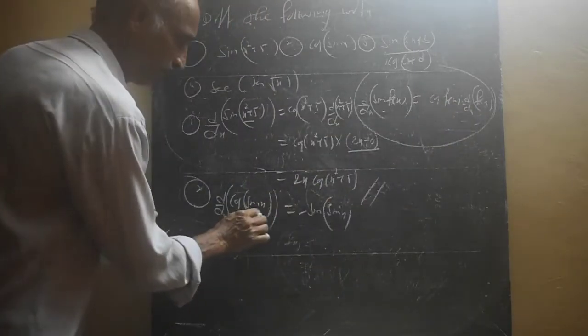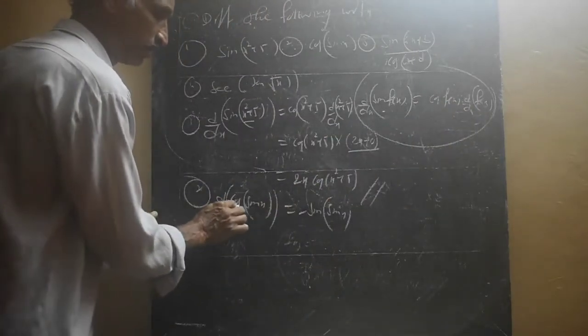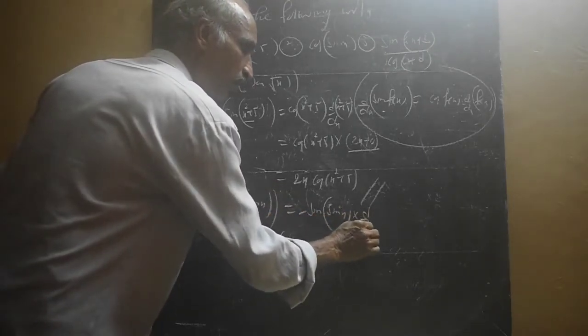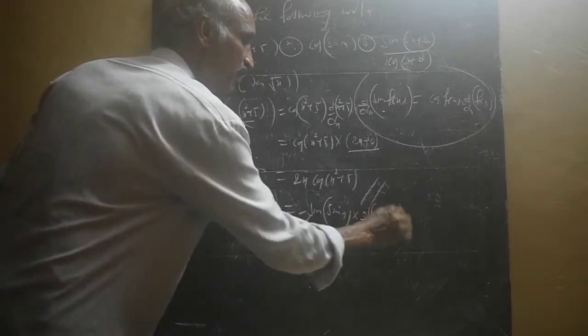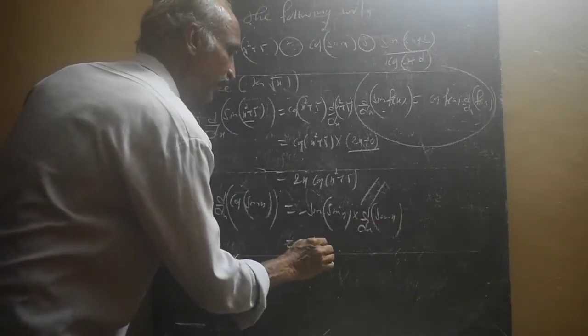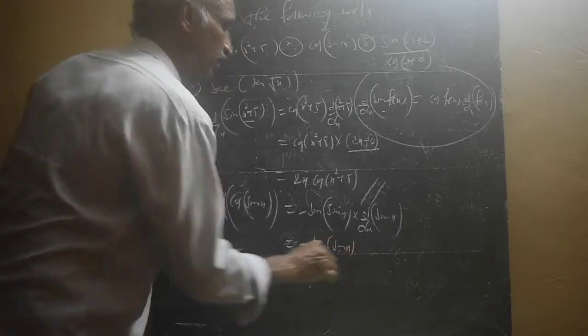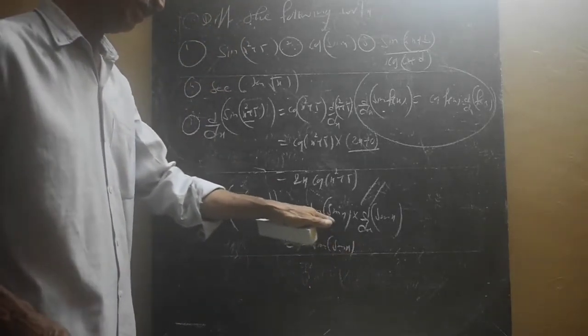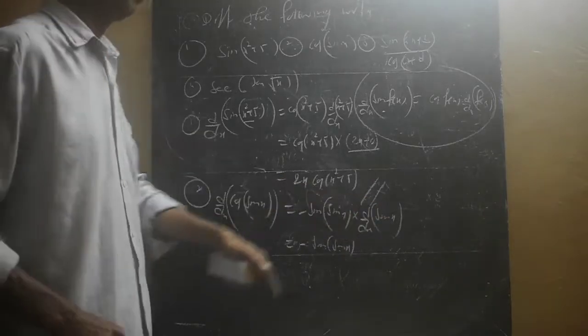Here f of x is sin x. Therefore, minus sin of sin x into d by dx of sin x.